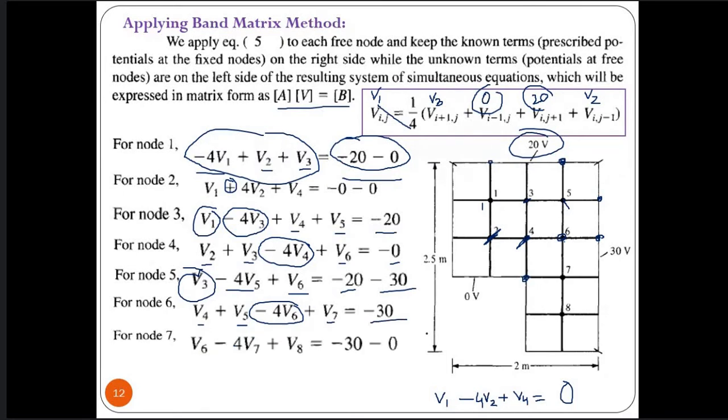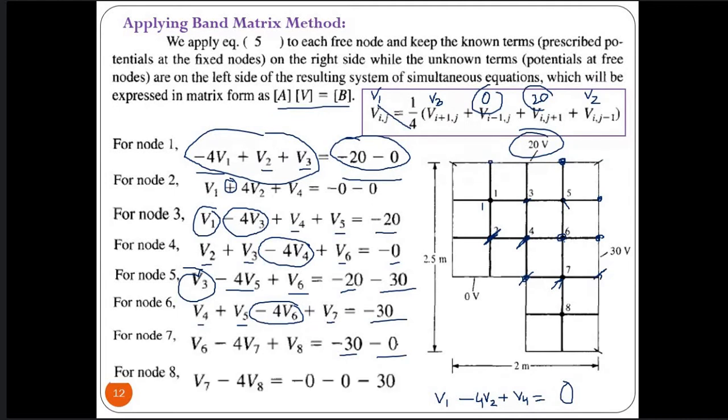For node 7, it depends on V6 and V8. These are the two free nodes. So first we write V6, then minus 4 V7 plus V8. These are the two fixed nodes, one is 0, another is 30, so minus 30 minus 0.